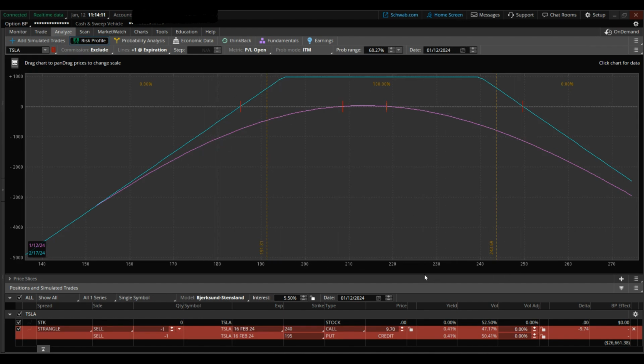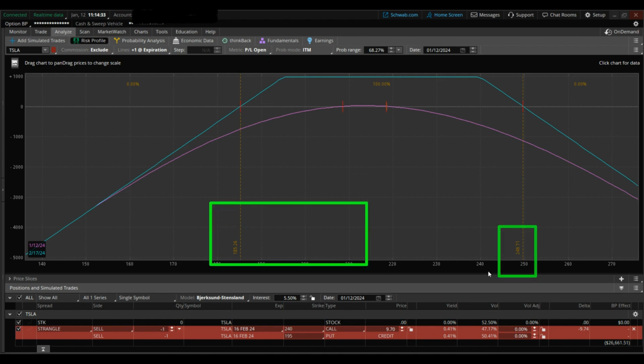The reason why somebody would do this over the iron condor: these are the lines of the iron condor, 191 and 243, and I want you to notice the new lines, the 185 and the 249.